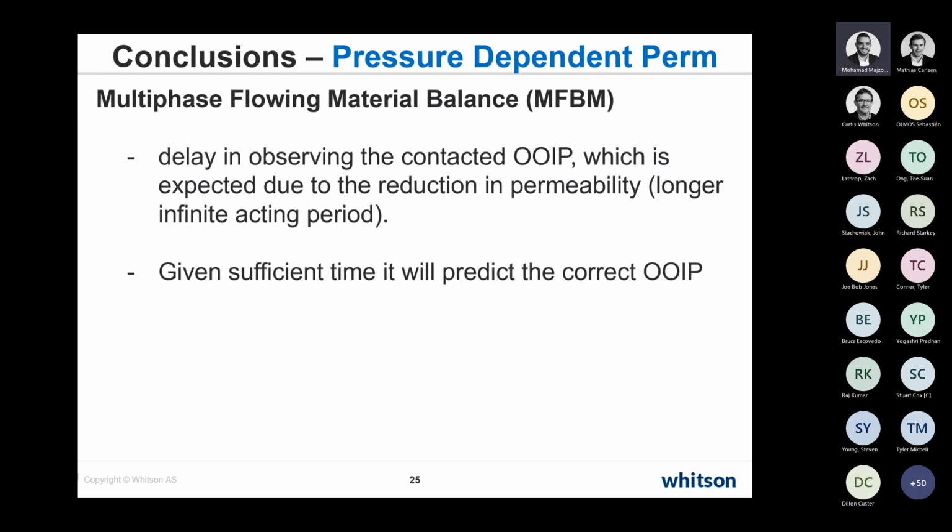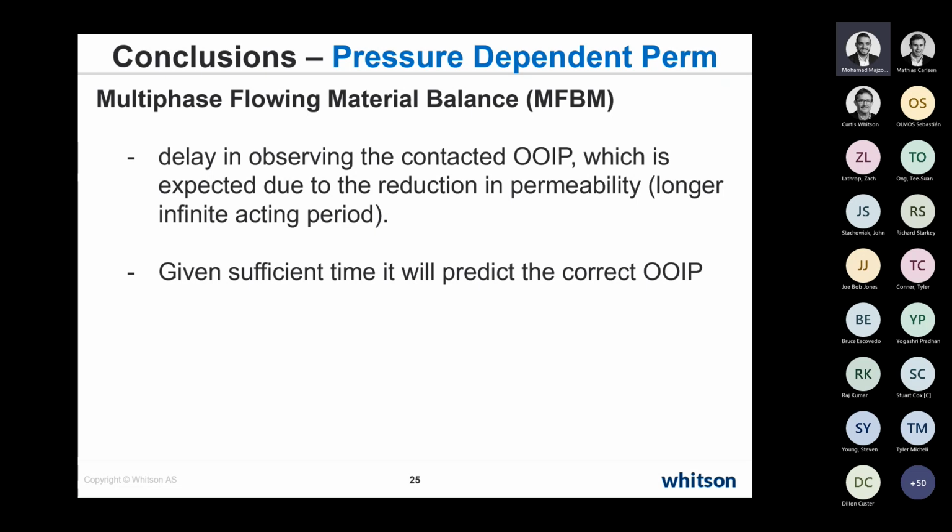Given sufficient time, that's the beauty of the multi-phase flow and material balance method, it will predict the correct OIP, such that the rates basically reflect that you have reached boundary dominated flow on your entire contacted volume.